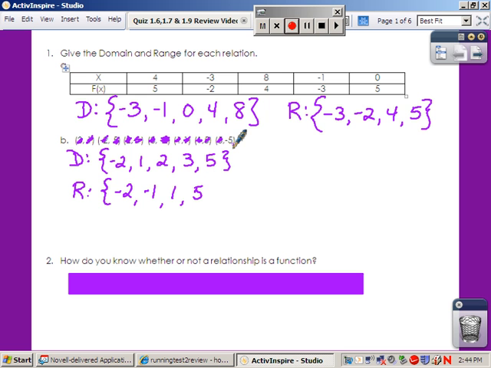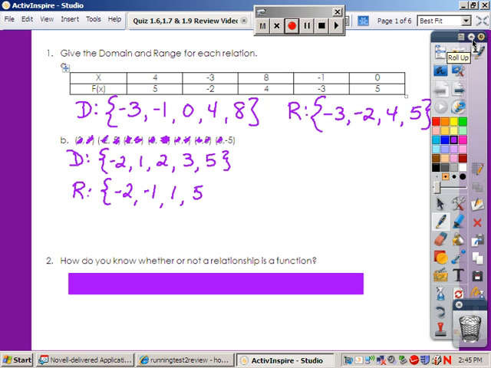And actually, I see a -5 out here that I left out, so I'm going to go back in and put that one over here. And so it should be least to greatest. I'll close that off, so that's all. The domain and range is usually a very simple thing. The list of all the x values and a list of all the y values.